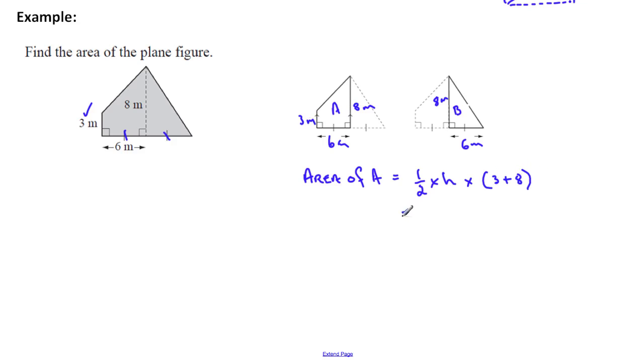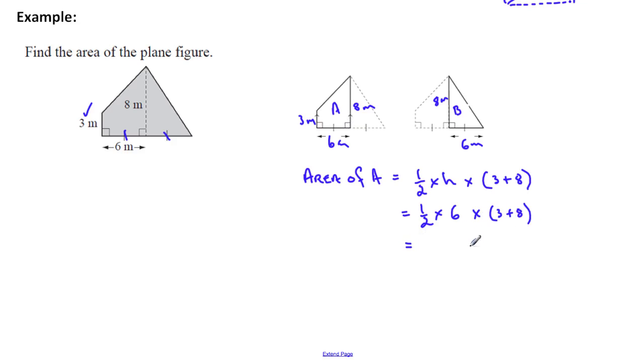So now we can substitute into here our height, which we probably should have done first off. So our height here is 6 because it's the difference between 3 and 8, the perpendicular difference, or the height, and there's our times 3 plus 8.